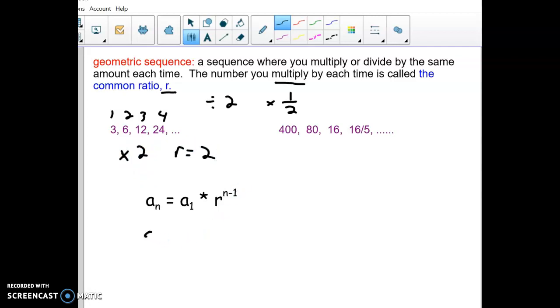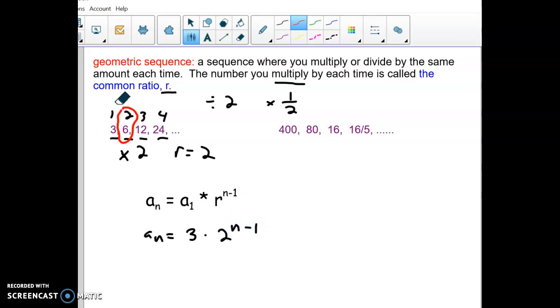So the formula is pretty straightforward. An equals the first term, which is 3, times 2 to the n minus 1 power. The reason is that you start with a 3 and then multiply by 2 n minus 1 times. If we take the second position, that 6 really is 3 times 2 once.